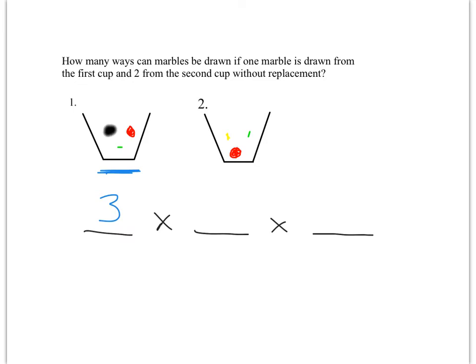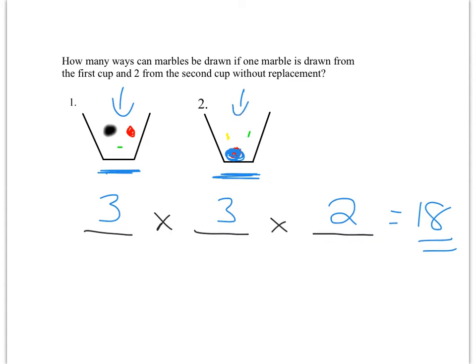When I draw a marble out of the second bucket, I'm going to have three possibilities on the first draw, and then let's say, for example, I drew the red one out, so he's gone. There are two marbles left to choose from in the third choice. So 3 times 3 times 2 is 18. There are 18 different ways that I can draw one marble from the first bucket and two marbles from the second bucket without replacement.